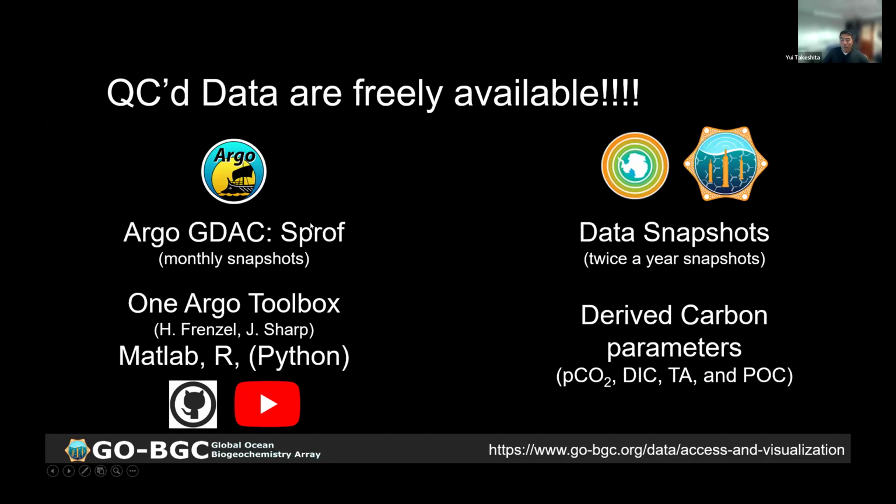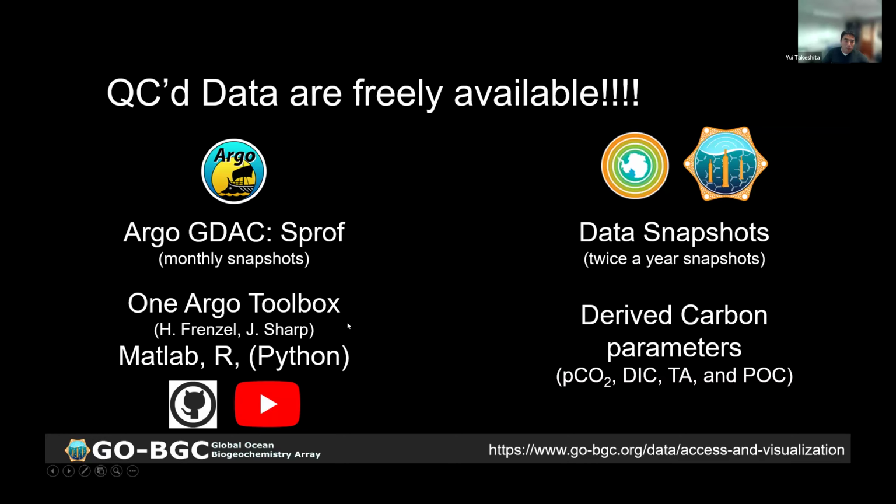For BGC Argo data, use the SPROF, which is a synthetic profile. This is a user-friendly file where all of the BGC sensor data is interpolated onto a single pressure axis. Before, there were separate pressures for each BGC parameter, and now it's on a single pressure axis, so it's much easier to use.